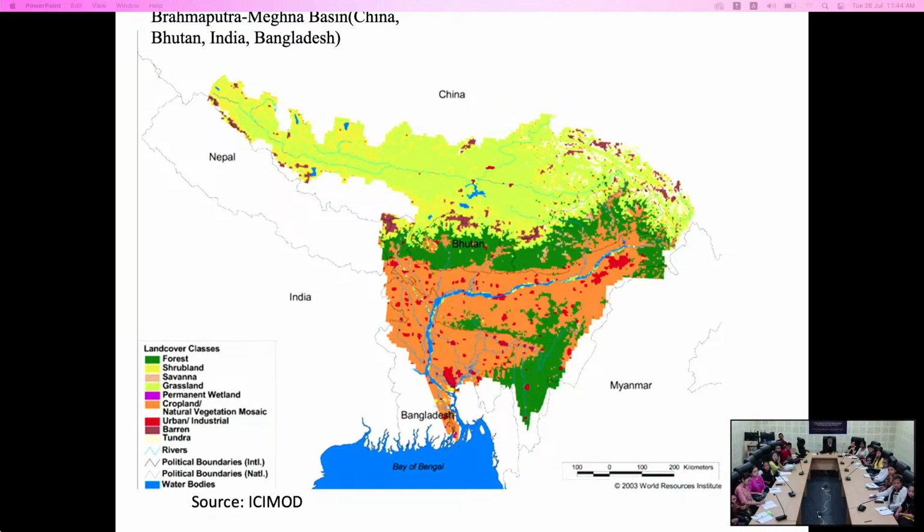So, to get a fuller understanding of water induced disasters, flood, cyclone, tsunami or whatever it is, you need to have the idea of the basin, and you need to know where the flood is coming from.